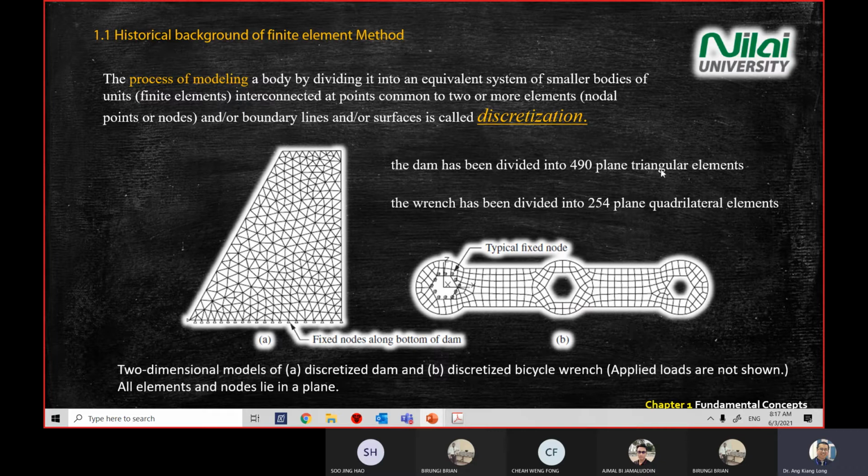So all these settings are important if you are using Ansys for your final year projects. So you have to define clearly what kind of element you use for your discretization process or your meshing process. So we keep repeating the word discretization.